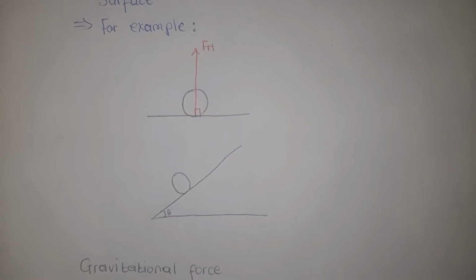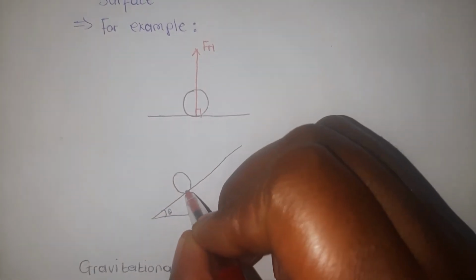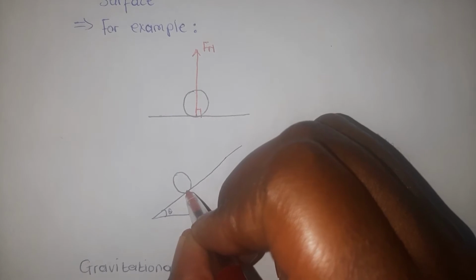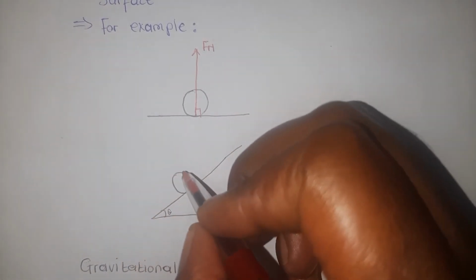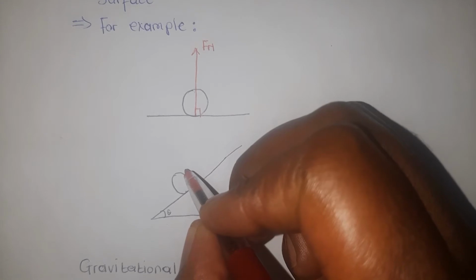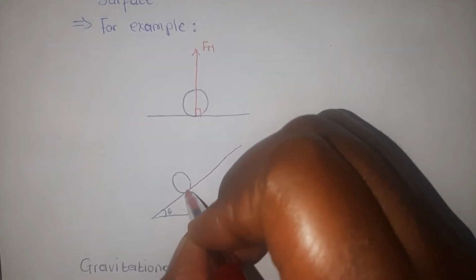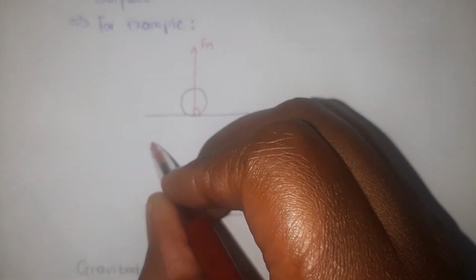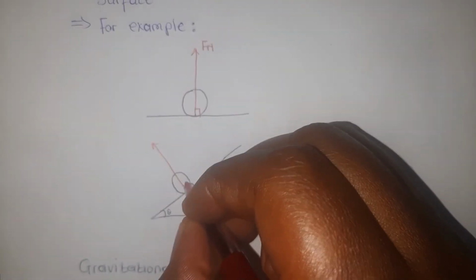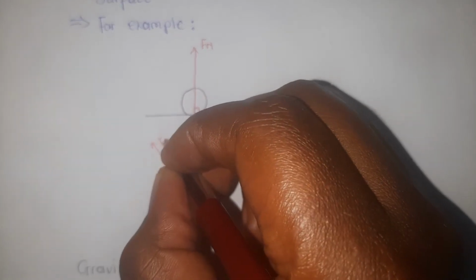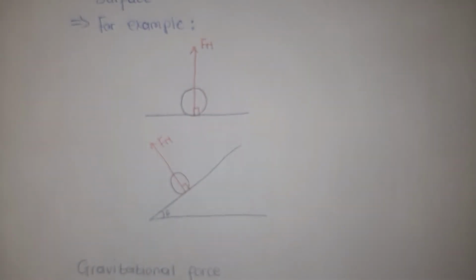The normal force will still act at an angle of 90 degrees upwards, like this, which is Fn, the normal force.